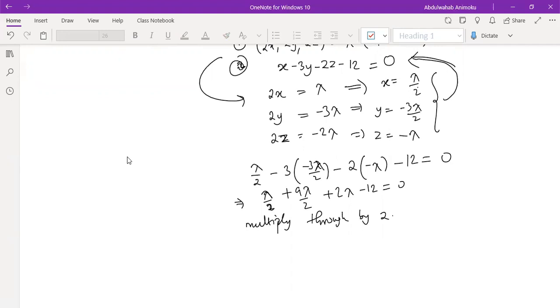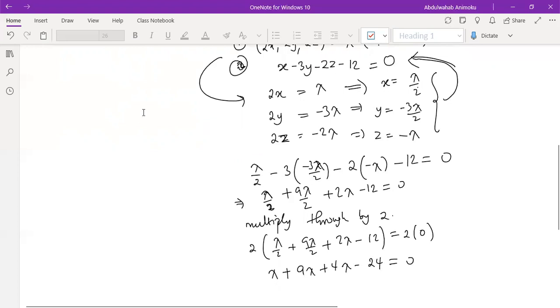If I multiply each term by 2, I'll get rid of the fraction. Multiply through by 2 on both left hand side and right hand side. So that will give us lambda plus 9 lambda plus 4 lambda minus 24. This is me expanding the bracket.